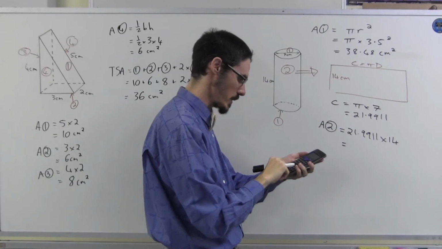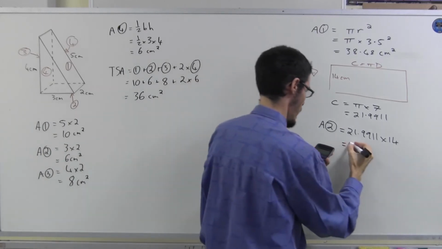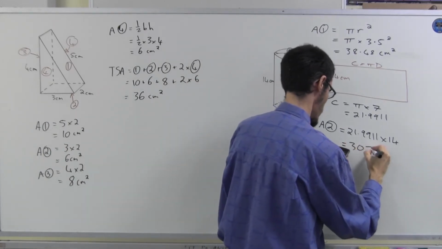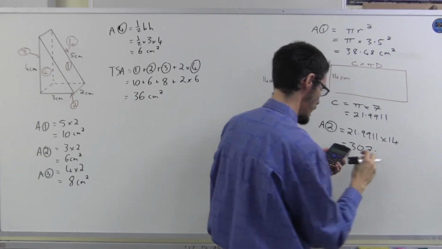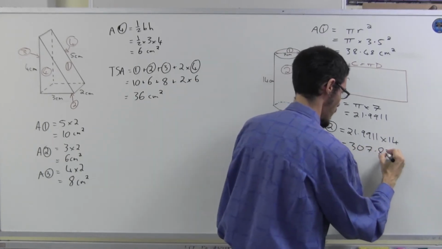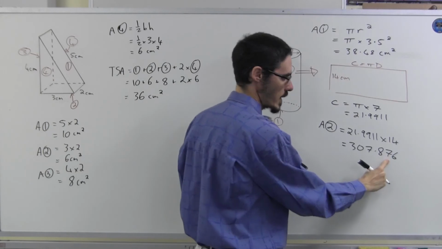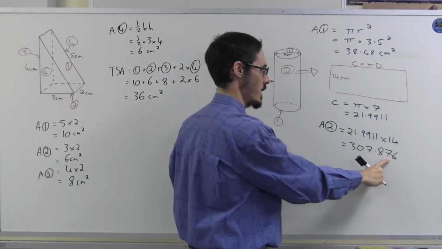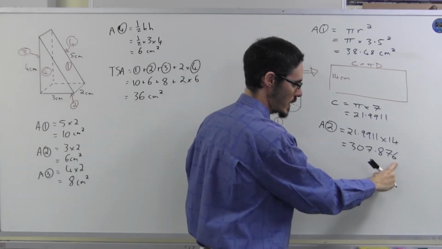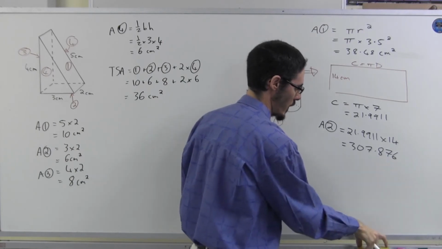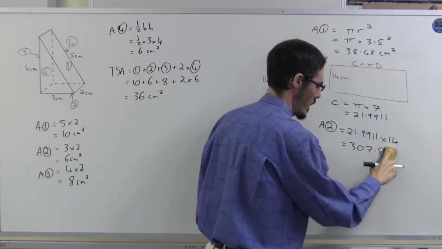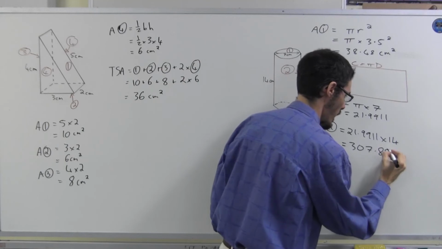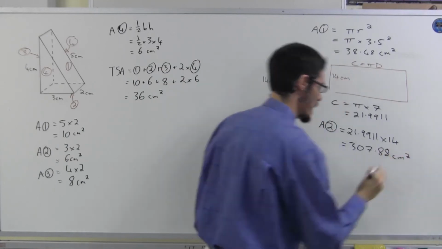So just go times 14 on your calculator, 307.876. If I'm rounding to 2 decimal places, now I've got to the end, I need to look at the next digit, it is more than 5, round that up. 307.88 square centimetres.